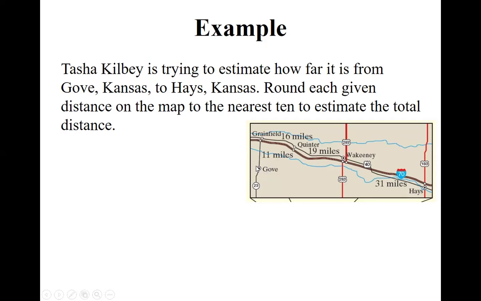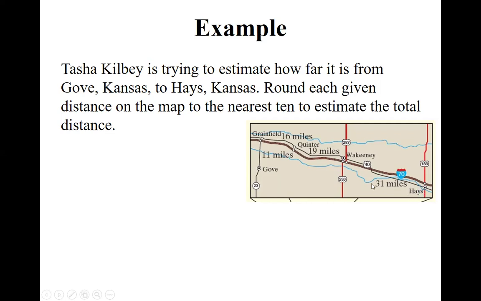From there to Grainfield is 11. From Grainfield to Quinter is 16. From Quinter to WaKeeney is 19. And then to Hayes is 31, all in miles.